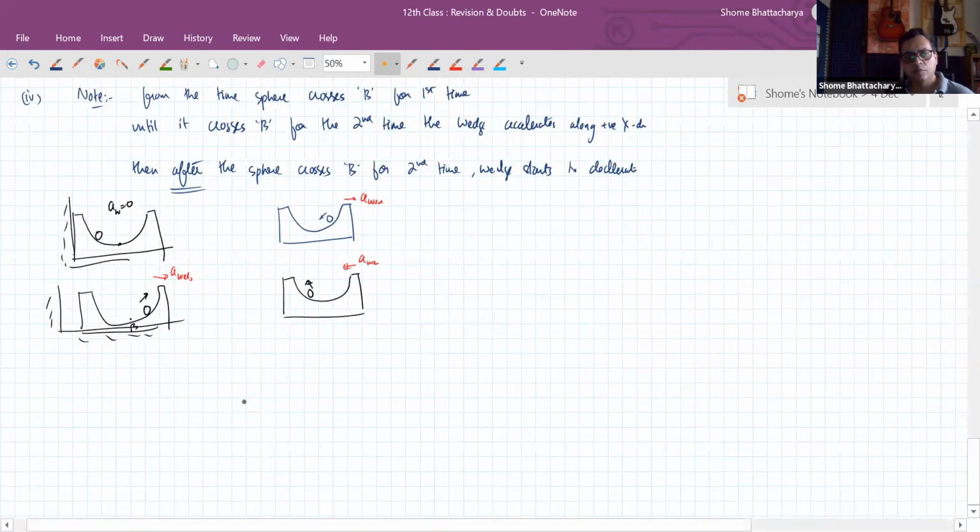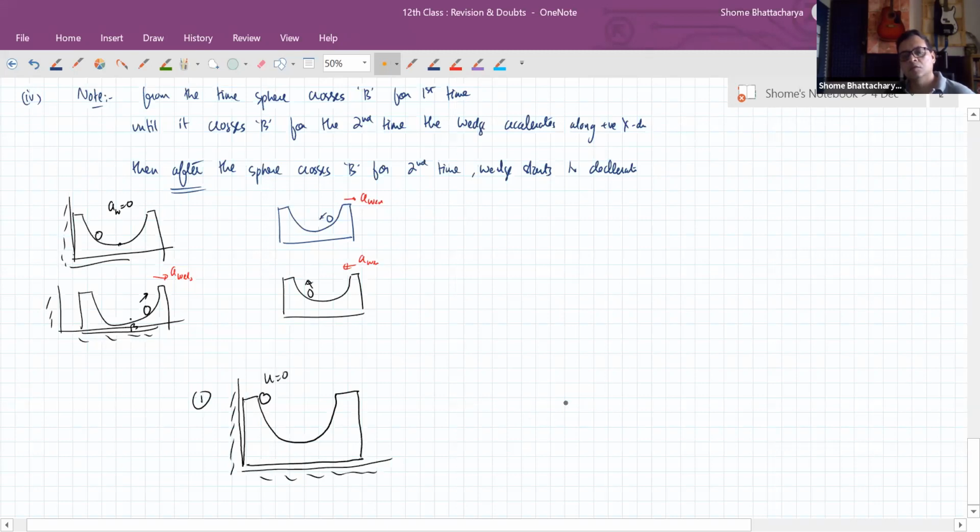So now what we will do simply to understand that is we'll compare the first diagram with the sixth diagram in my earlier series of diagrams.